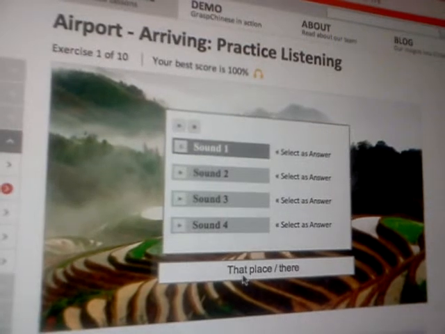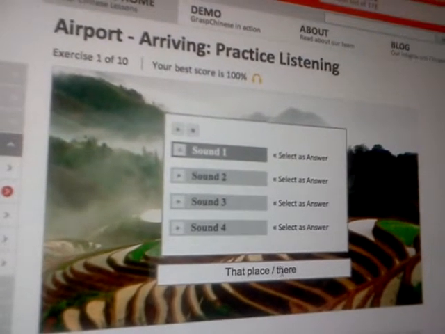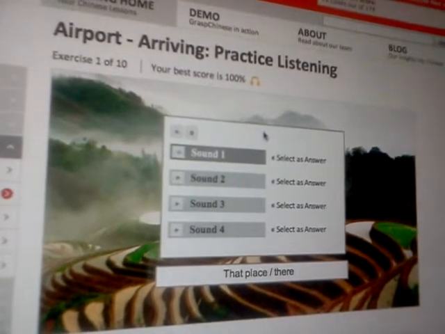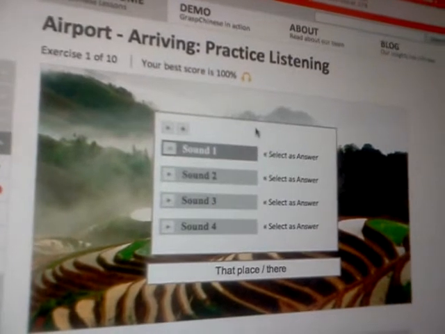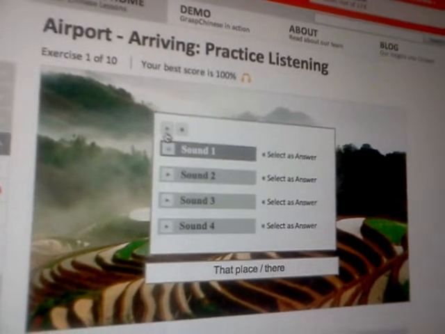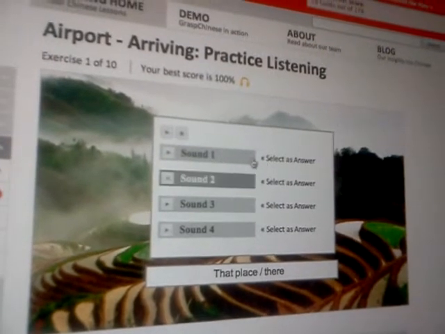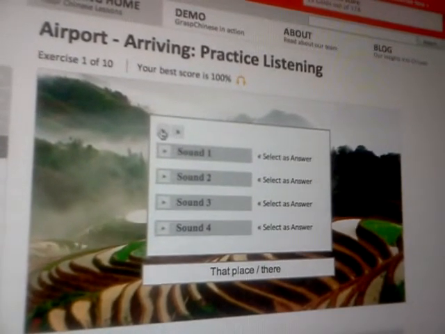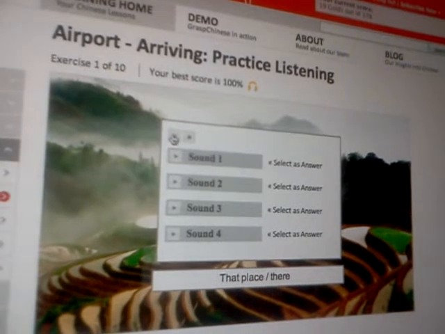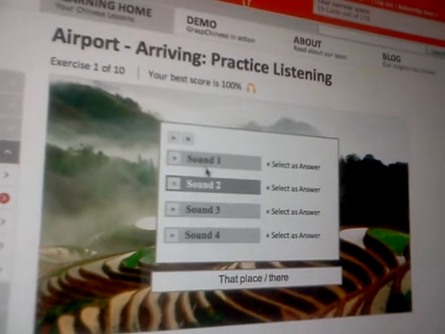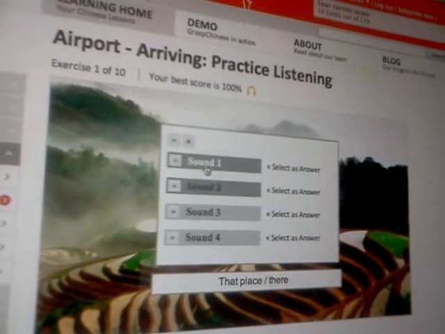So let's see, that place, or there, as in an answer to where is it, you would say there, which is 那里. So let's see what we got. Well, that would be it. Okay, now here's a good thing. As you can see, the first sound is 那里.